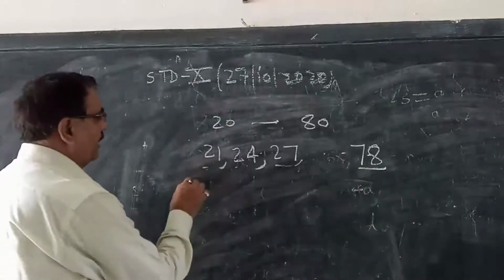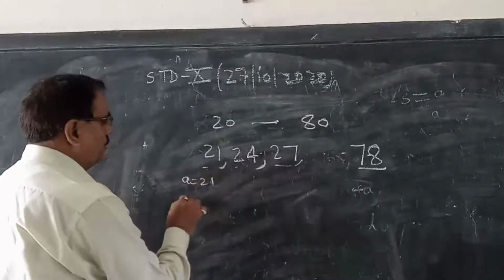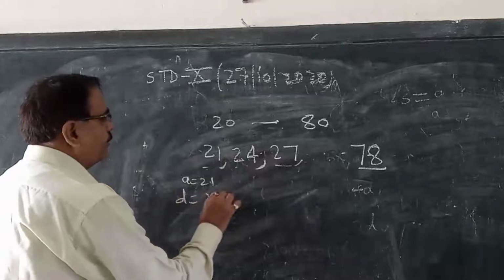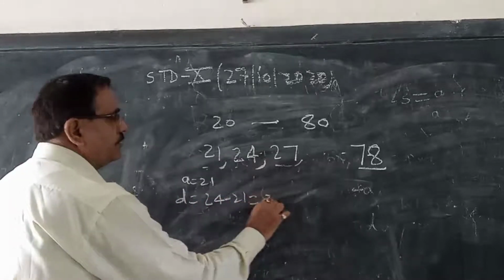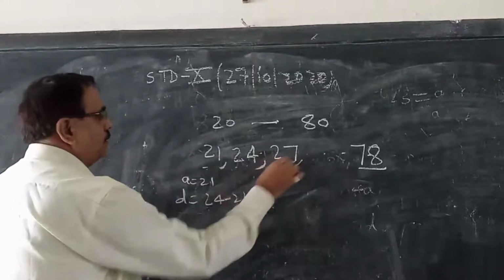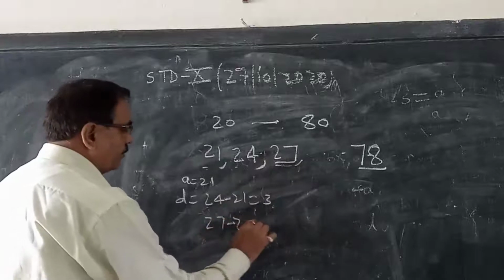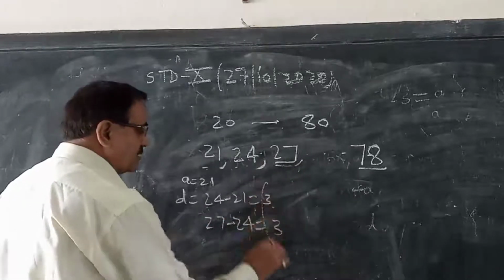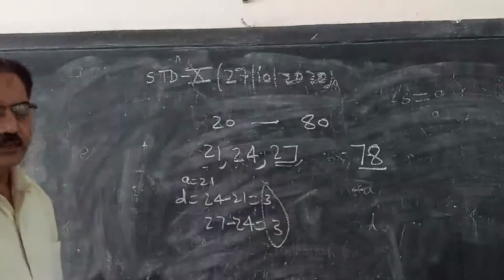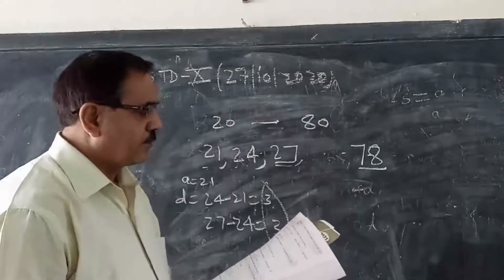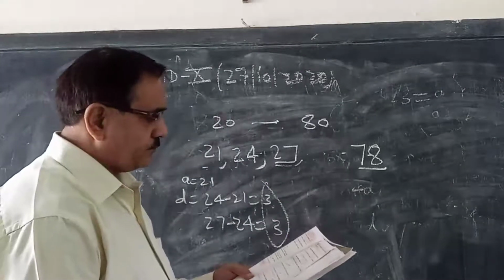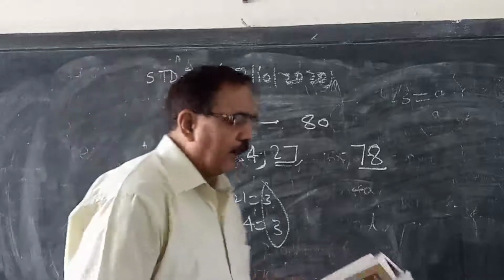The first term is A, 21. Common difference: 24 minus 21, that is 3. Again 27 minus 24, common difference 3, the common difference is coming the same, constant. Then you have to find the number of terms.